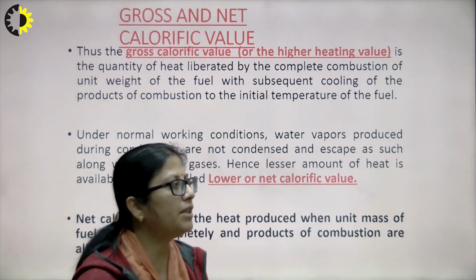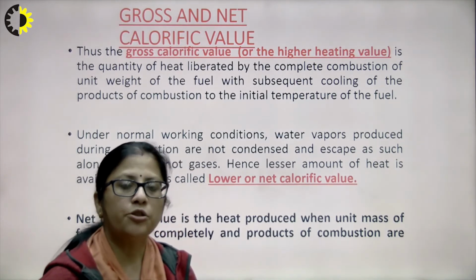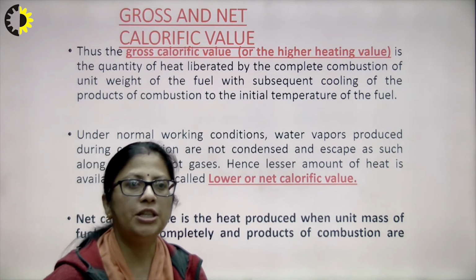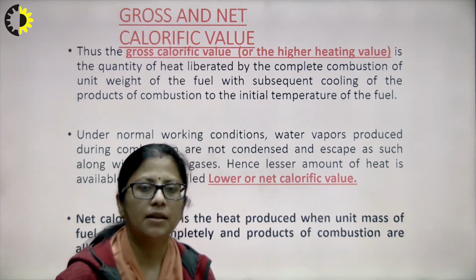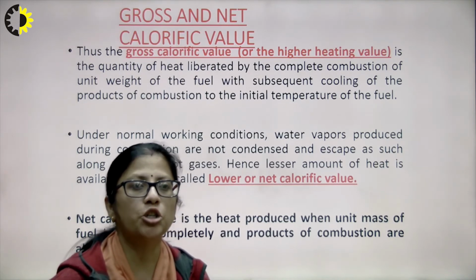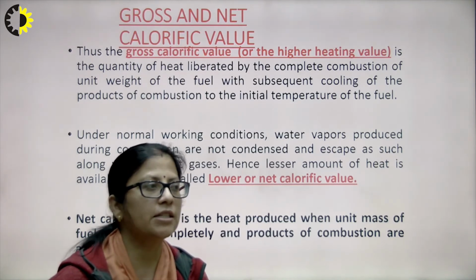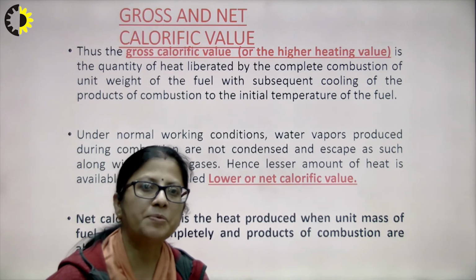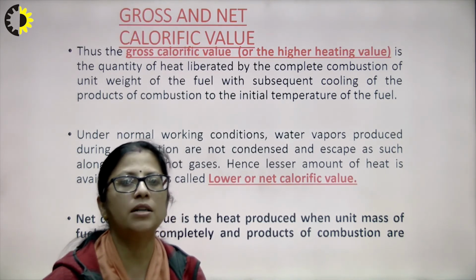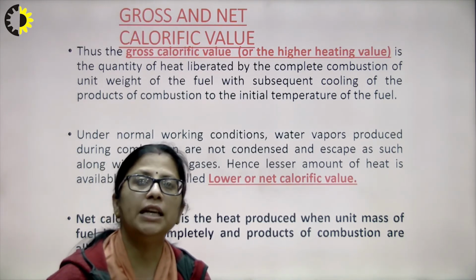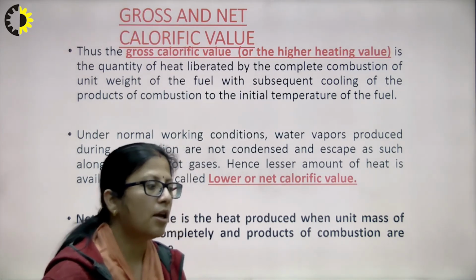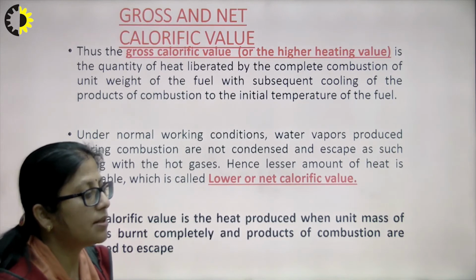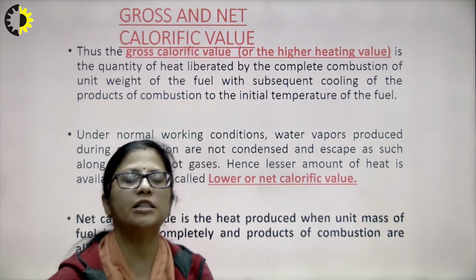Now, the gross calorific value, GCV, is the quantity of heat liberated by the complete combustion of unit weight of the fuel with subsequent cooling of the products of combustion to the initial temperature of the fuel. This gross calorific value is determined in different experiments.